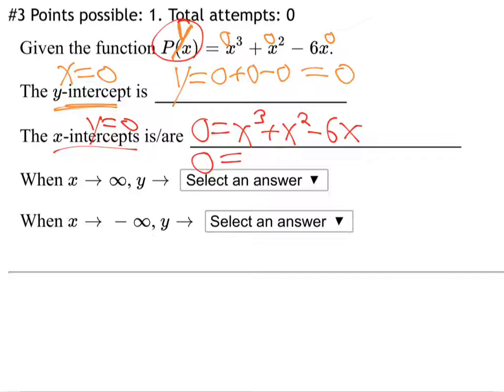Remember how to factor? What's the first step on factoring that right side? GCF, yeah. What goes into all those? X. They all have x in common, right? And can you take it from there? Okay. So this is x squared plus x minus 6. Good so far? Because if I was to multiply that x back through, it would work.